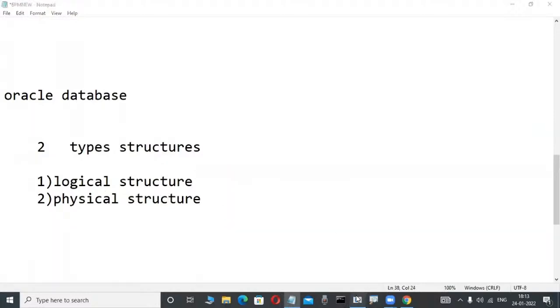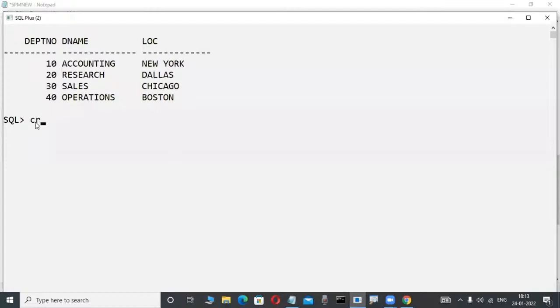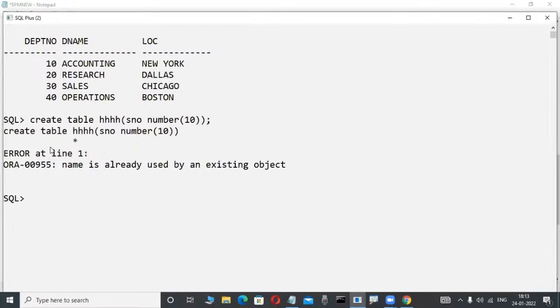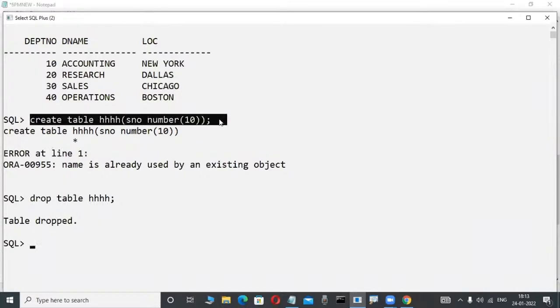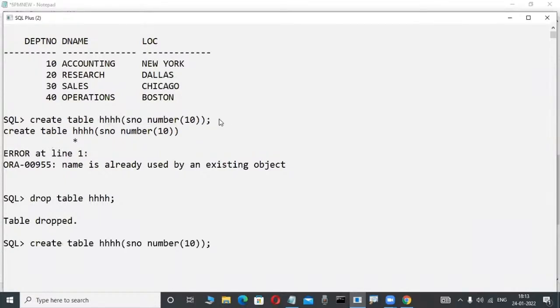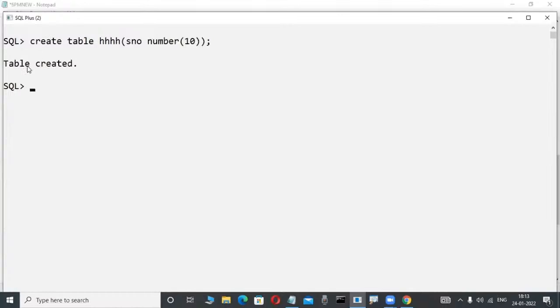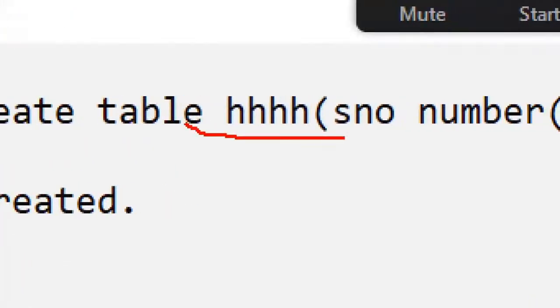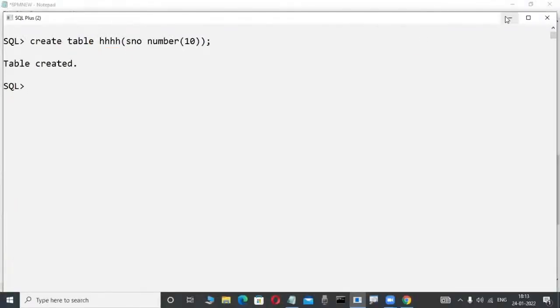Suppose you are creating a table or anything in your database, for example. Whenever I create a table, this is not visible in the operating system.